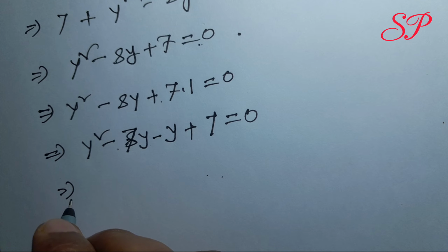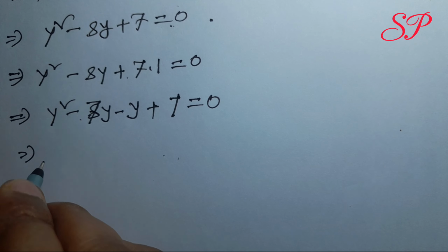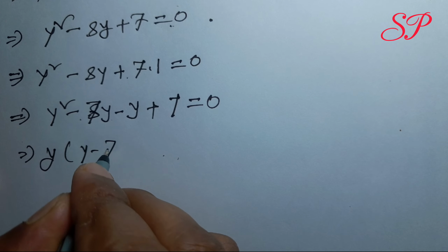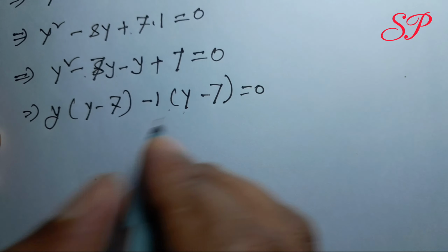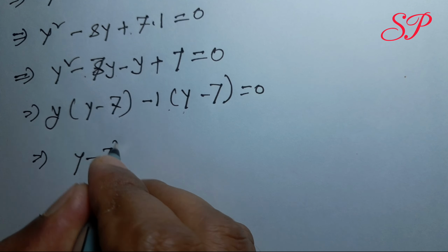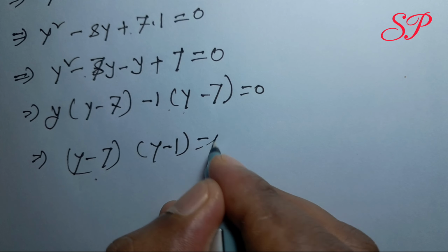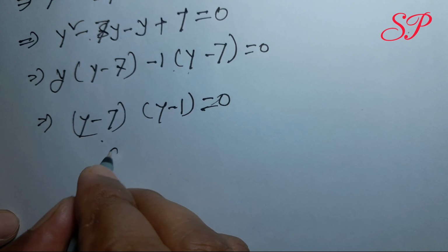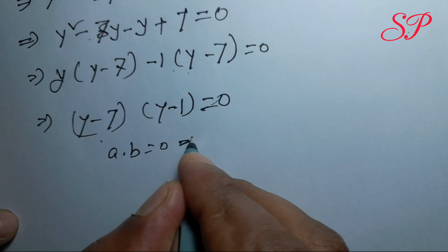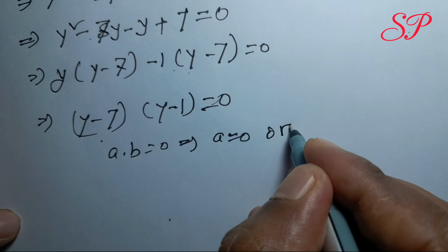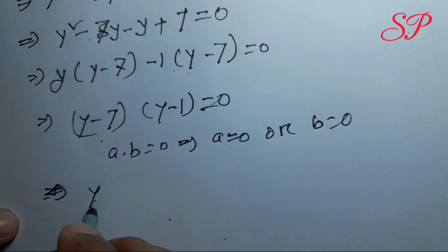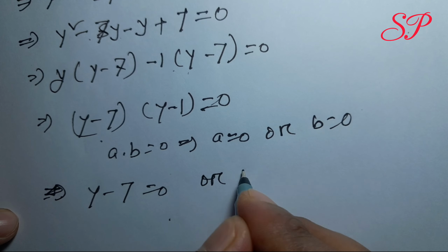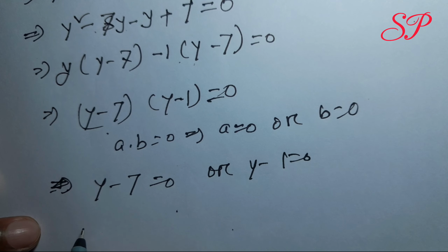Now we take common factors: y into y minus 7 minus 1 into y minus 7 is equal to 0. Then y minus 7 and y minus 1 is equal to 0. Since a into b is equal to 0, a is equal to 0 or b is equal to 0. So y minus 7 is equal to 0 or y minus 1 is equal to 0. y is equal to 7.